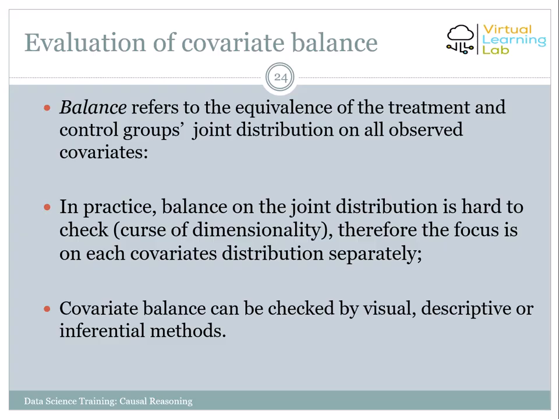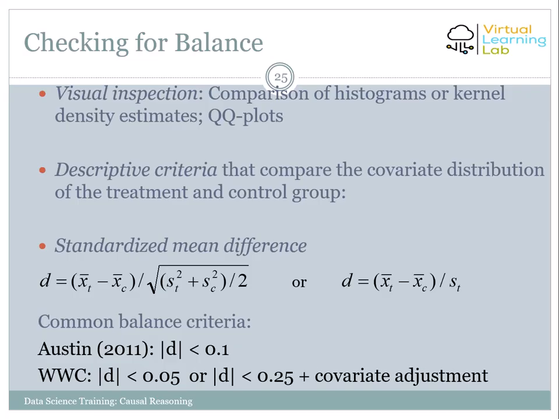The most common method is based on the standardized difference between means of treatment and control on each covariate. Visual inspection can also be used, such as histograms, kernel density estimates, QQ plots. Among descriptive criteria, the standardized mean difference is by far the most common.